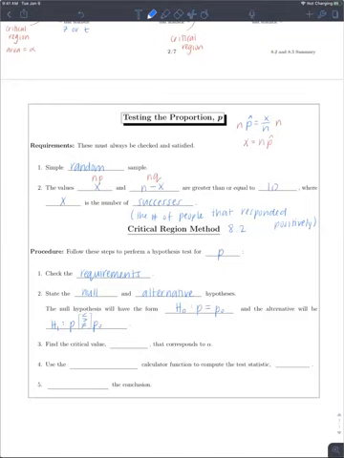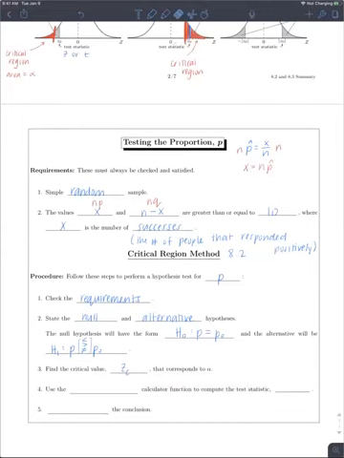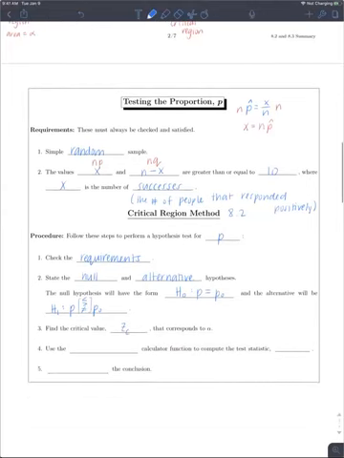It's Z with a little subscript C, Z sub C. To type that, you would type Z underscore C. Then which function in your calculator do you use?